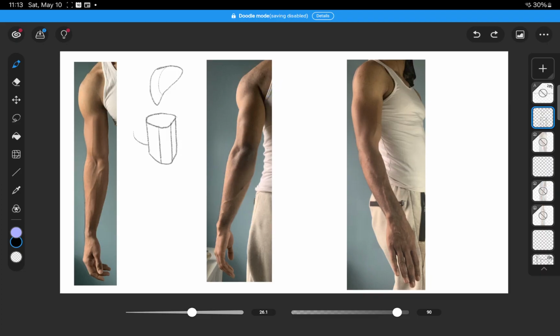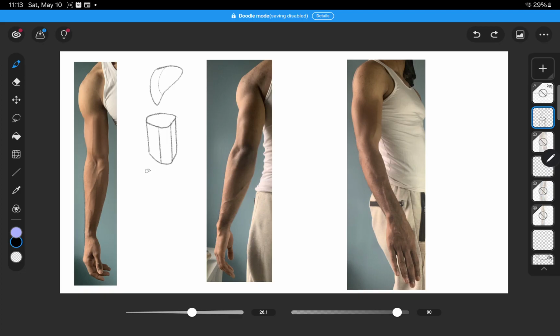So let me take away those arrows. And then you have the forearm, which is an interesting shape. What I like to think of it as is it's kind of like a drumstick of a chicken, or you could view it as a boat, depending on how you're looking at it.